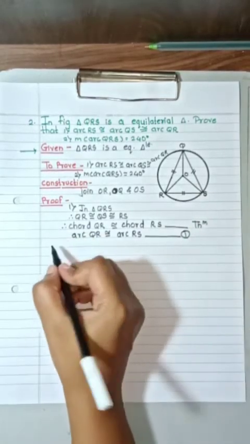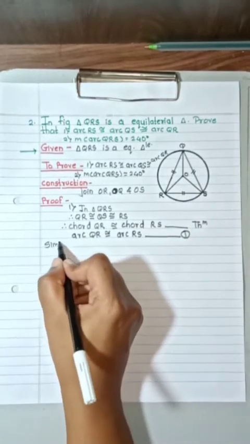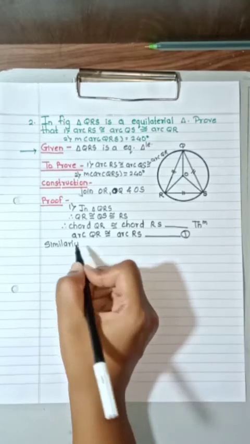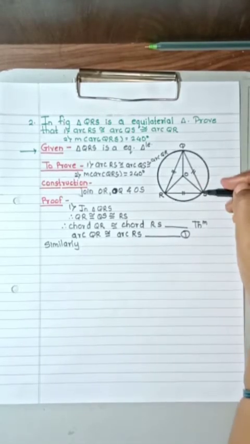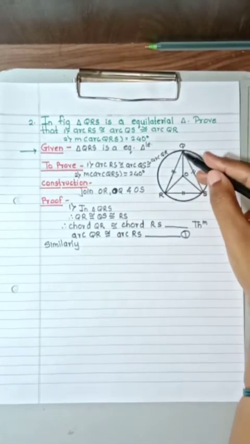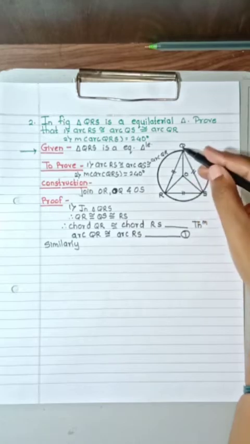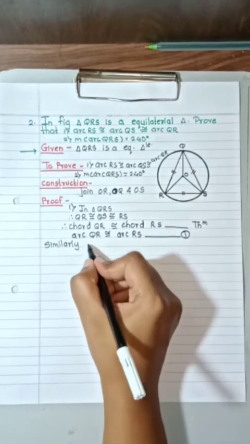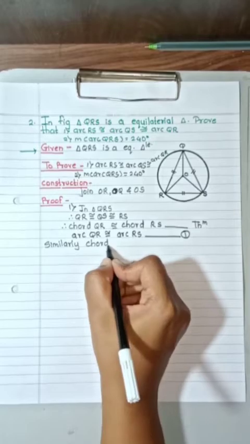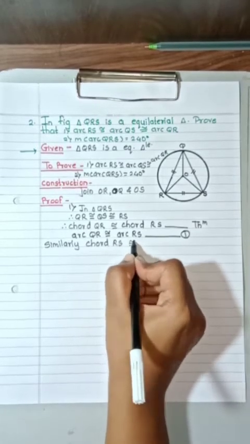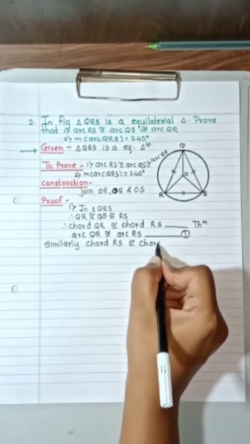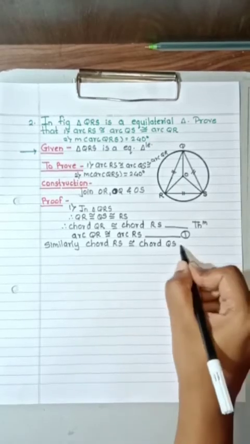Now similarly, chord RS is also congruent to QS. Chord RS is congruent to chord QS by theorem.